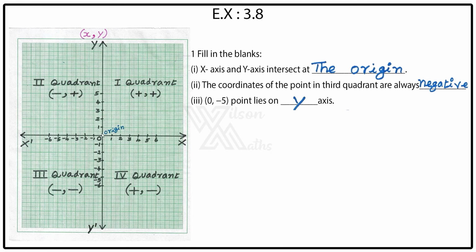The top is positive value, down is negative value. So 0. If you come down, minus 5, this is the point 0, minus 5. So does this lie on the x-axis or y-axis? Yes, correct. This is on the y-axis. So the point 0, minus 5 lies on the y-axis.